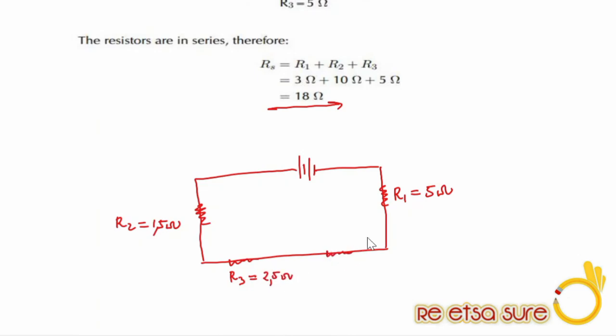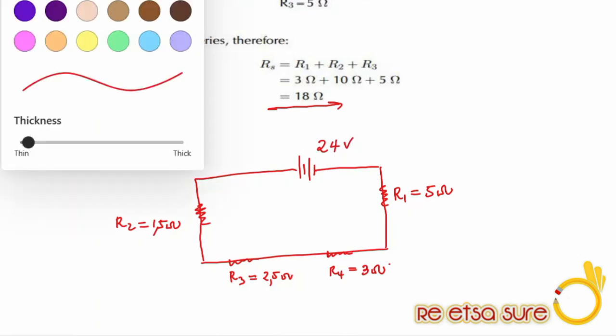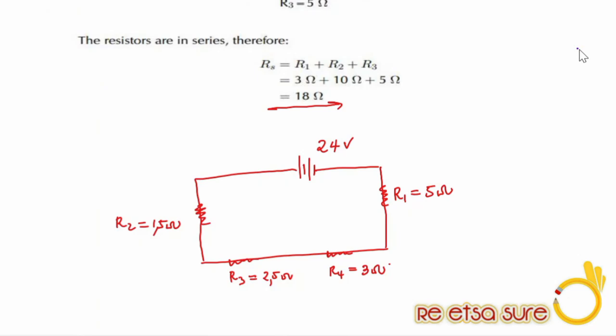And lastly I have R4, which is equivalent to, let me just say 3. And here my battery is 24. Let me show you something. Let me just connect an ammeter.